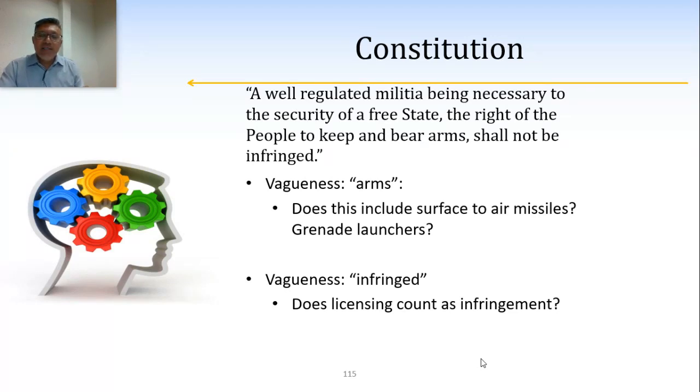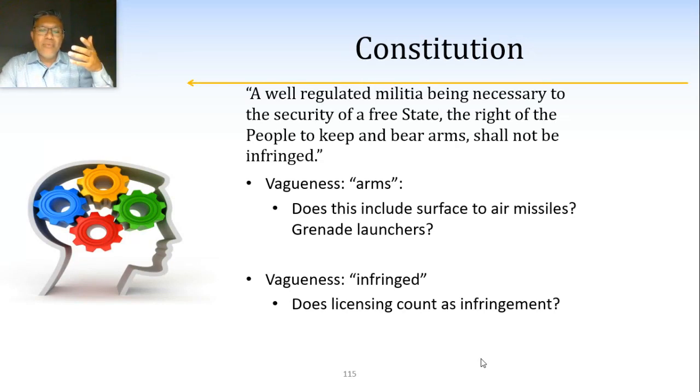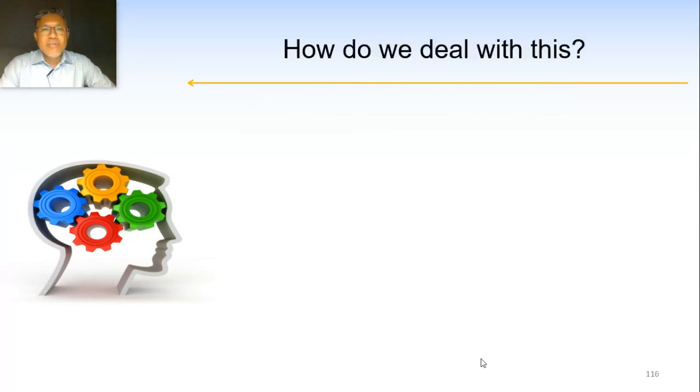Does it mean that we should let anybody, regardless of their ability to shoot, have a gun? Does it mean that we shouldn't do any sort of background checks on people because that infringes upon their right to bear arms? Lots of ambiguity. And if you've watched political debate about this, and people refer to the Second Amendment, there's always people bringing up these various ways of interpreting these words and phrases.